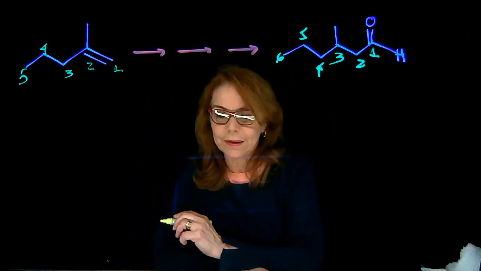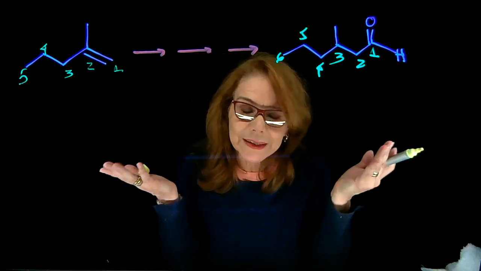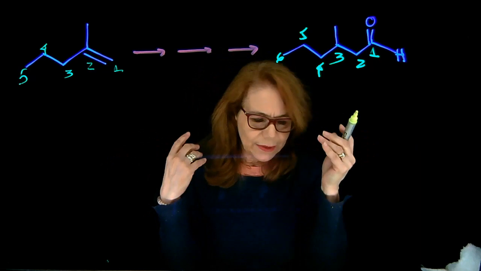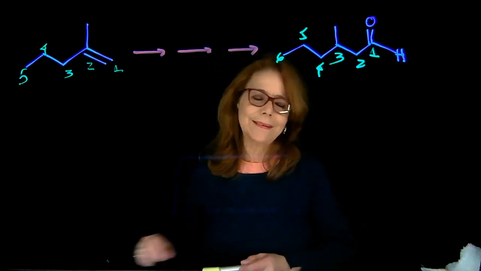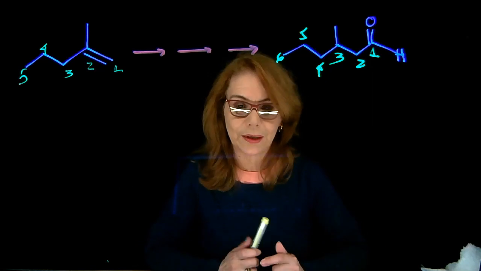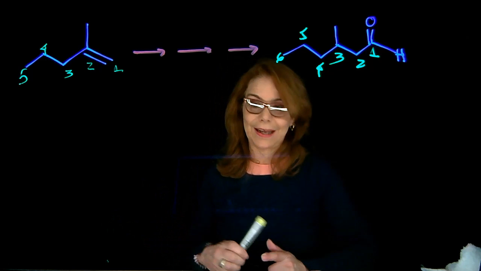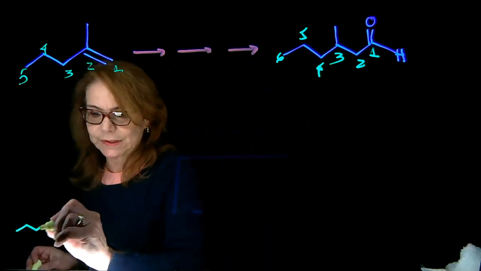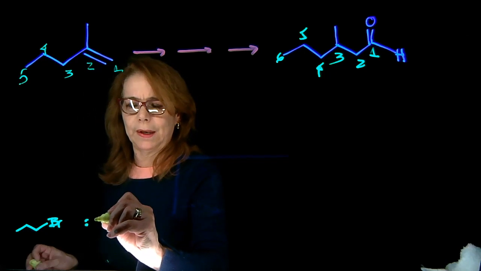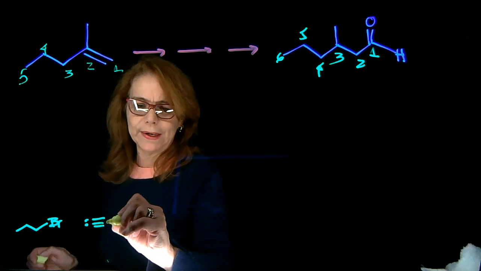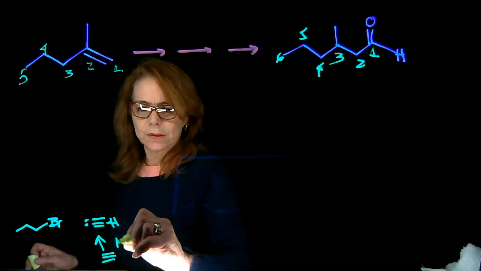The strategy that I have been using, again, we're selecting reactions for chapters that include alkanes, alkyl halides, alkenes, and alkynes. So the main strategy that we have been using to add carbons is having an alkyl halide, such as this, react with the anion formed when acetylene reacts with sodium amide.